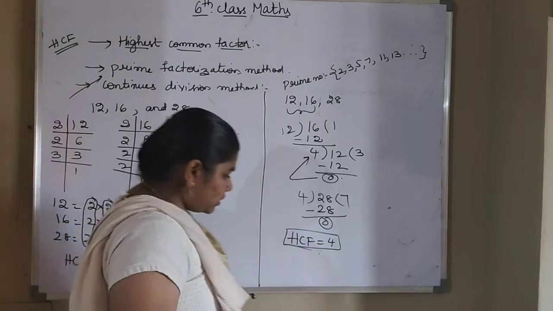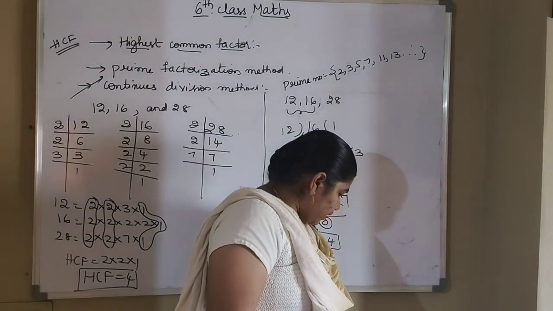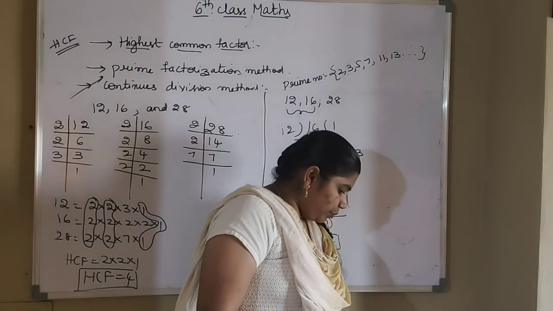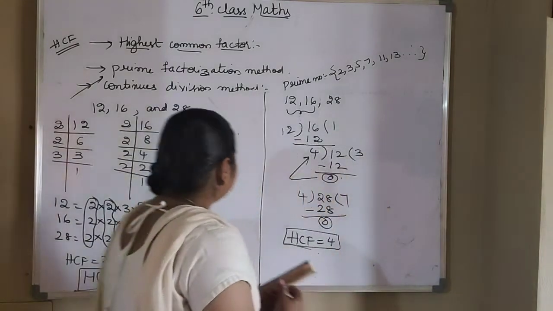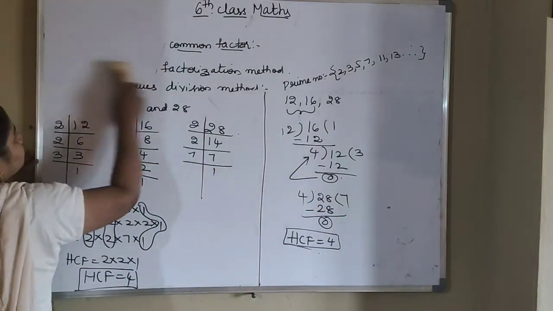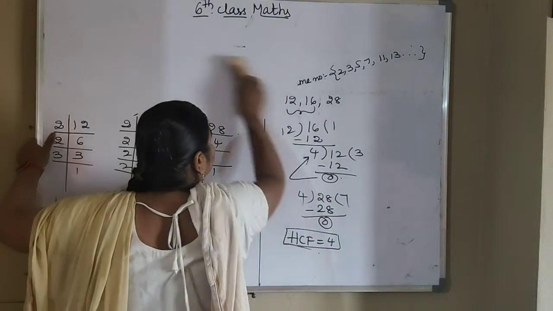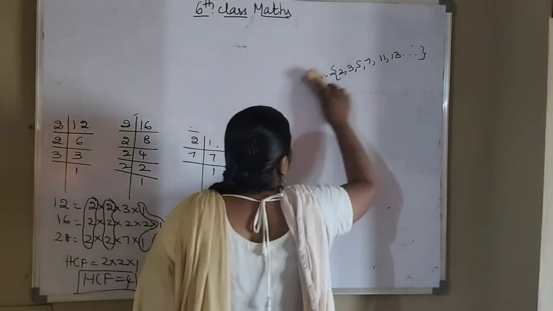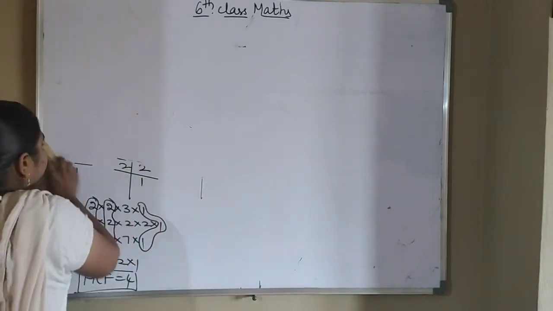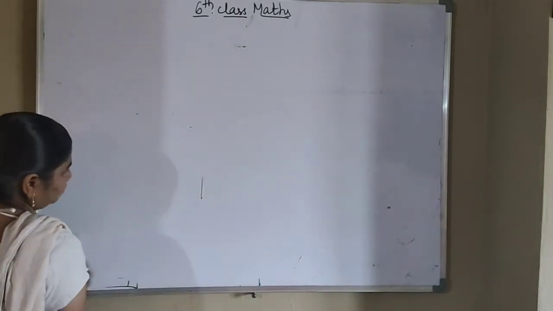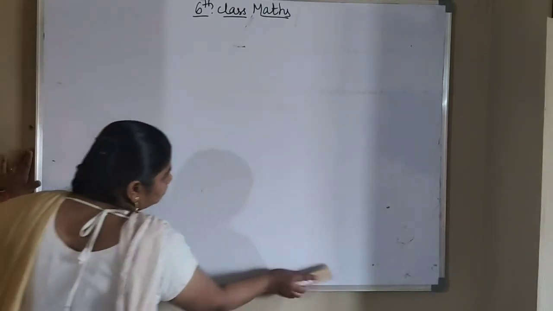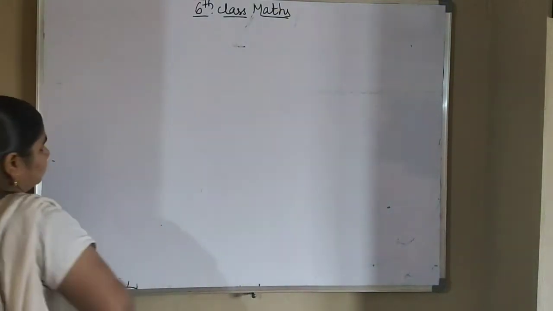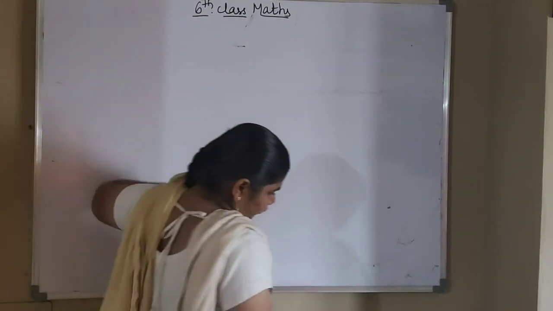So next we will start our exercise, that is 3.4. Exercise 3.4, first bit.